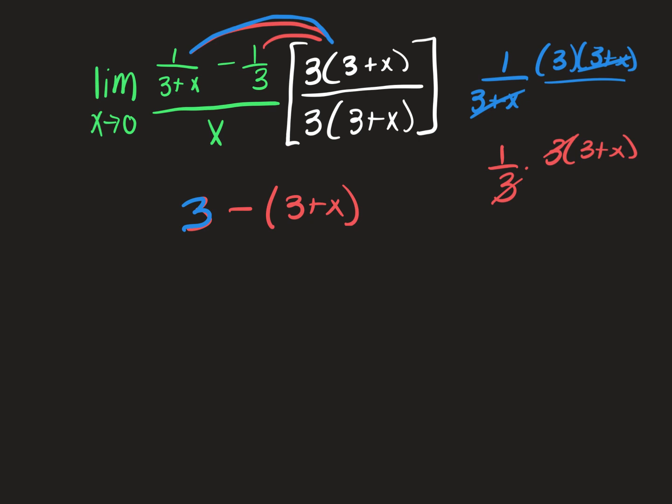Don't forget to put that in parentheses or else it'll mess you up later. Then on the bottom, we just have 3x times 3 plus x. I'm just combining those together.